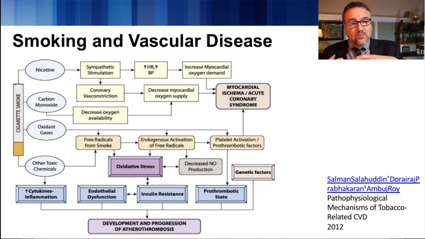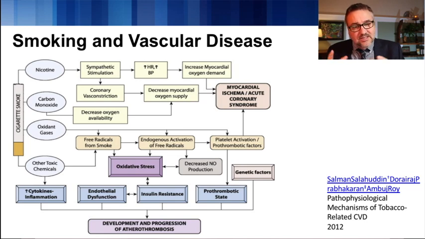We're going to get into this a little bit in the next section on neurobiology. But when nicotine binds to nicotinic receptors, it increases levels of norepinephrine, which is a stimulant that stimulates the sympathetic system, and that increases heart rate and increases blood pressure.